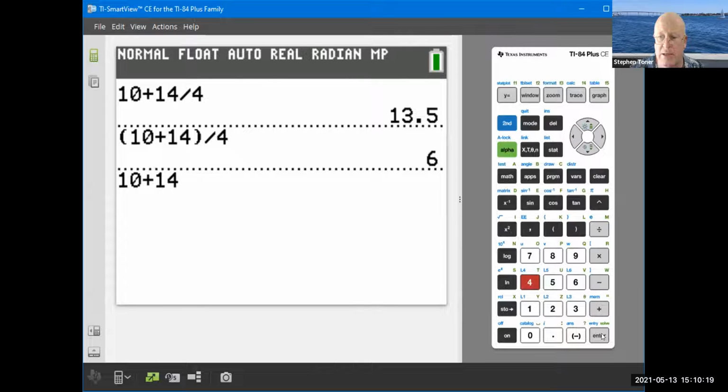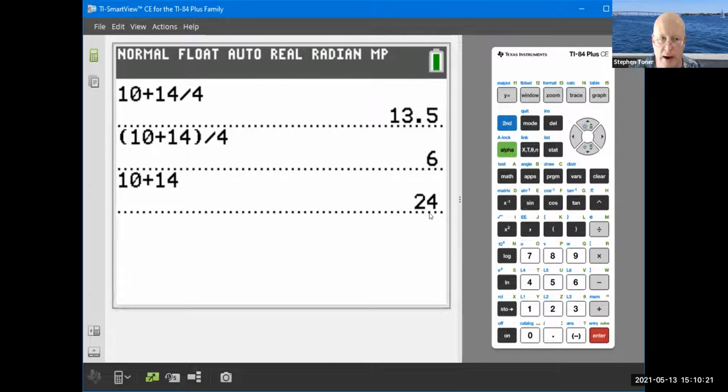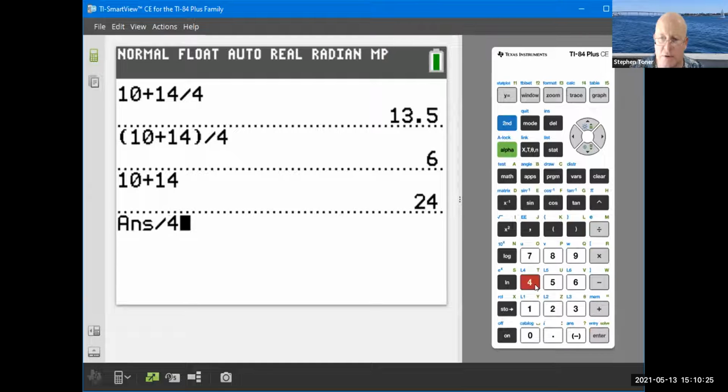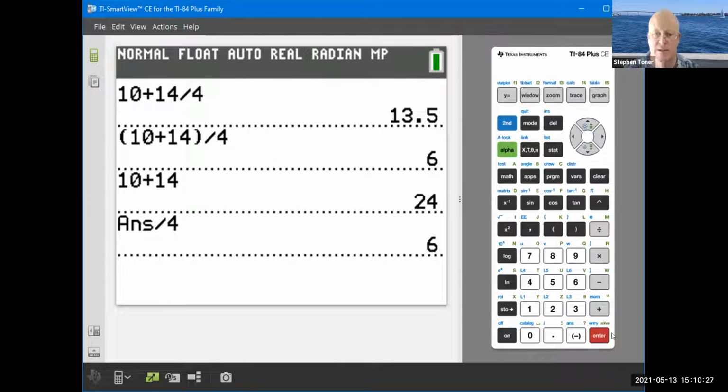When you hit enter, you get the numerator, then you take that numerator and divide by 4 as a second step, and it will take you to the 6. Whenever you hit enter, what basically happens is you are stopping the order of operations on your calculator, which allows you to do the numerator on its own and then divide by the 4. This is a common little area of errors.